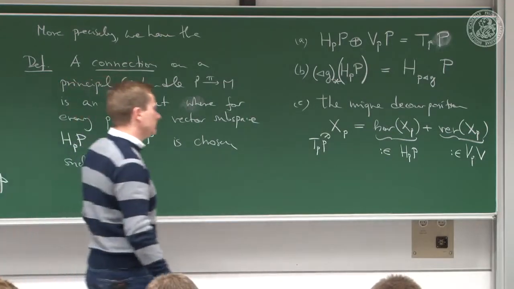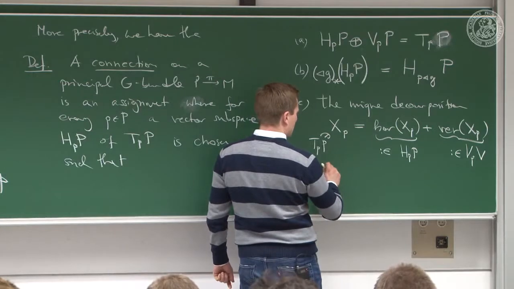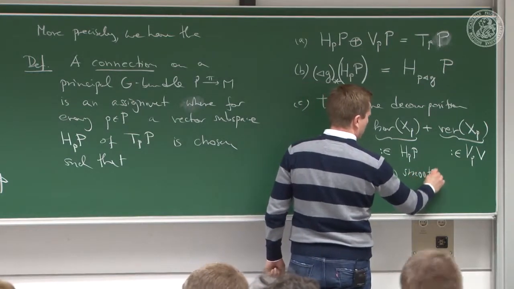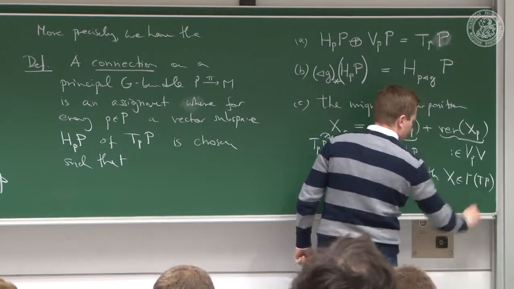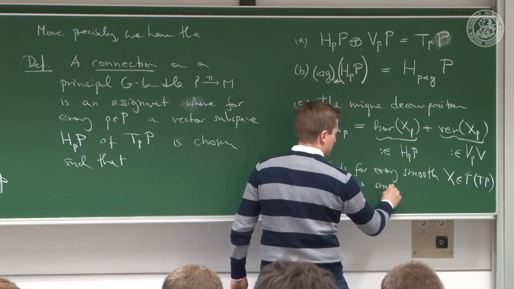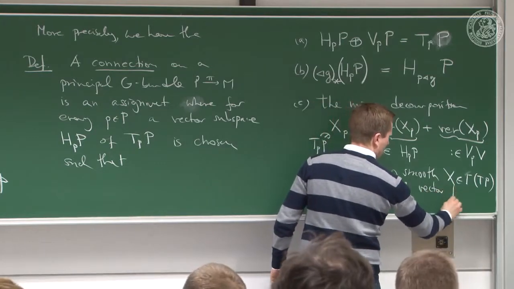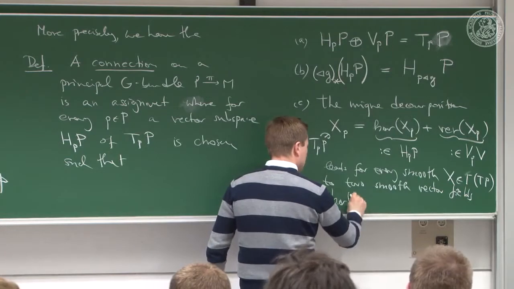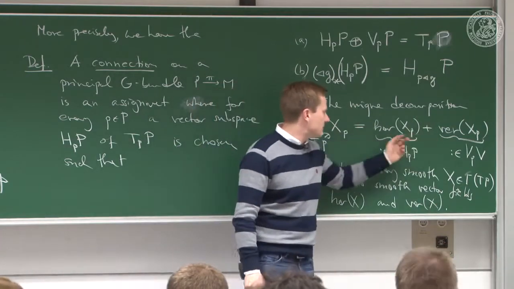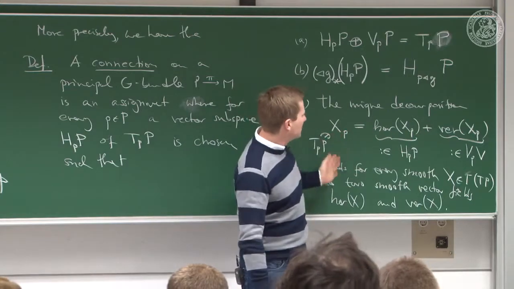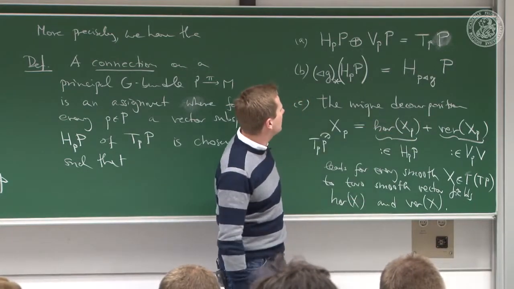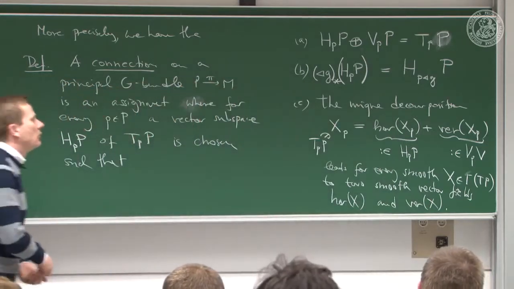So this unique decomposition leads for every smooth vector field X on P to two smooth vector fields hor X and ver X. So these vector fields are defined pointwise by this unique decomposition, but if the vector field X was smooth, then individually the horizontal component of the vector field X at every point of the manifold and the vertical component, they are again both smooth vector fields.